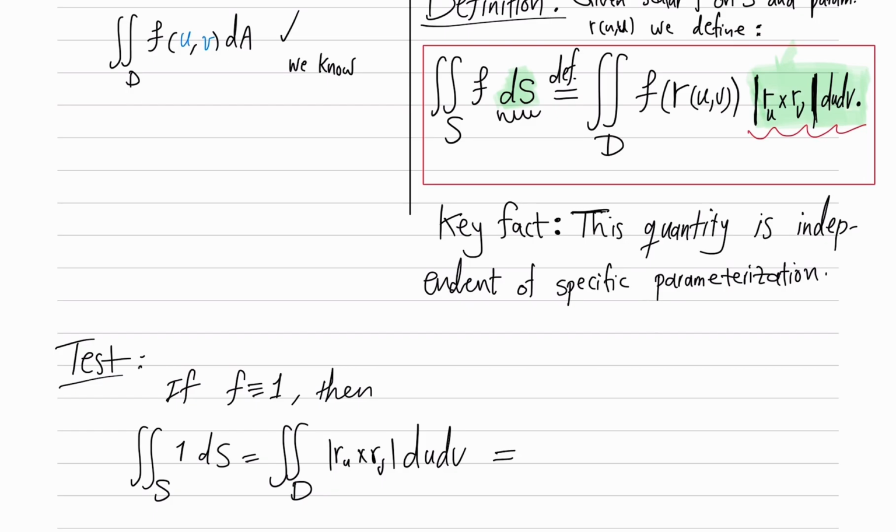And this we have seen before, that this is the area of the surface. And that perfectly makes sense. If you integrate the constant function 1, you are adding up these tiny bits of surface together. Think about a Riemann sum, and that should end up giving us the total surface area. Okay.